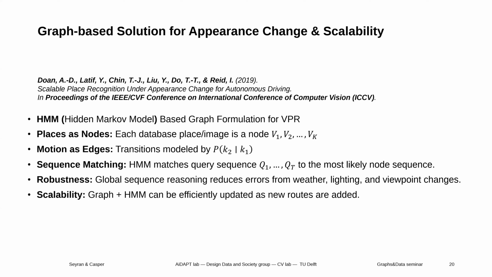They combine these to formulate visual place recognition as a sequence matching problem. Instead of one query, you get a sequence of queries and it matches to that graph. So it's a subgraph matching problem.